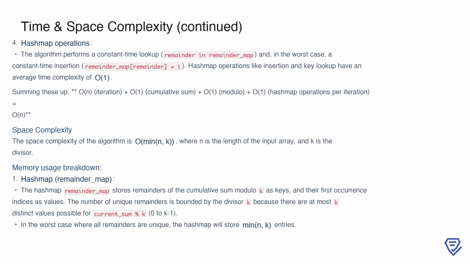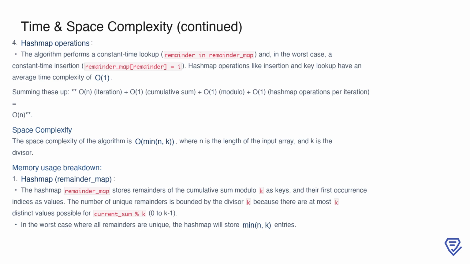Shifting focus to space complexity, the algorithm's space usage is determined by the size of the hash map. The hash map stores the remainders of cumulative sums modulo k as keys, and their first occurrence indices as values. Since the number of unique remainders is limited by the divisor k, the hash map will store at most min(n, k) entries.